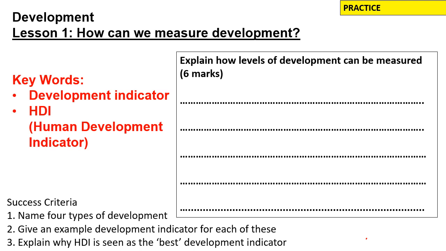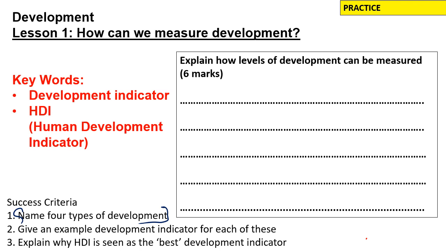Okay, lesson 1. How can we measure development? Let's finish by answering a question to explain how we can measure development. So the first thing I need to do is name the 4 types of measurement that we would make. So there are 4 types.